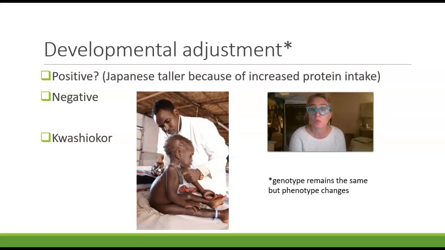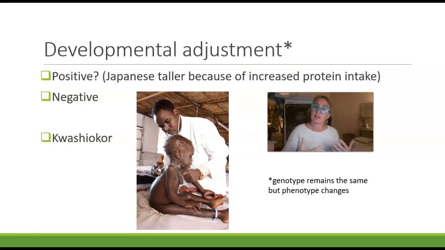Kwashiorkor results in a child having an extended belly because of the malnutrition, very thin limbs, sometimes the hair falls out, the skin can actually lose pigmentation because their body no longer has the proper vitamins and minerals to make these. Kwashiorkor can be reversed to some extent if that child is then provided with additional nutrients.